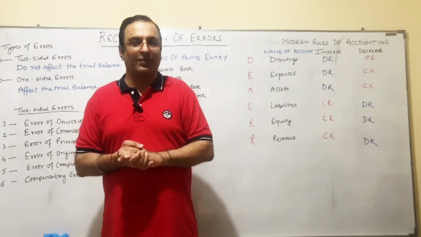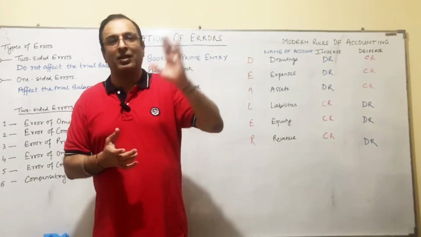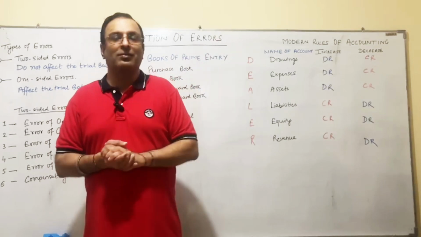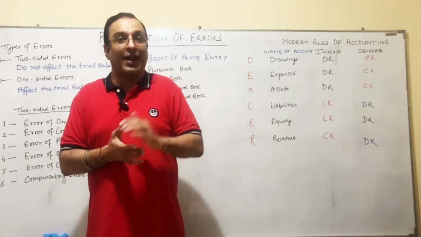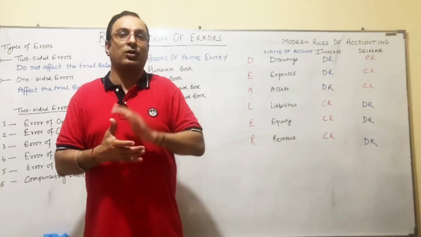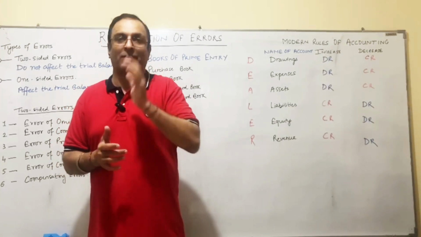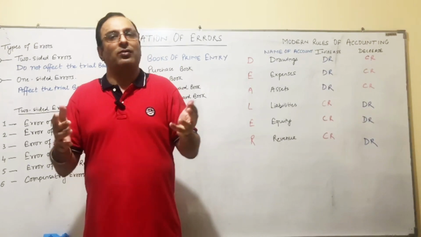Here the catch is, just imagine an enemy. You know he is my enemy. When you know that he is my enemy, you can be careful, right? But if a friend of yours pretends to be a friend, but actually he is not a friend, it's very dangerous. The same here. When the trial balance is not equal, we know that, wow, it is not equal.